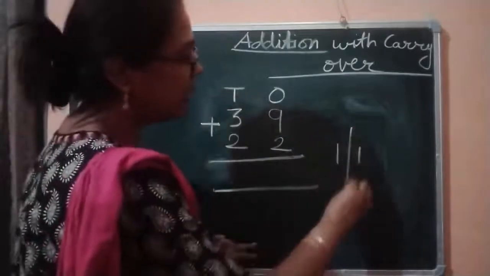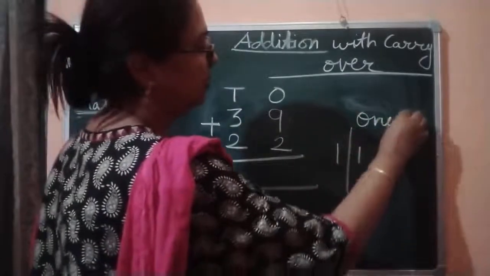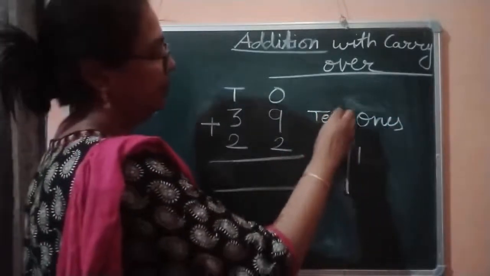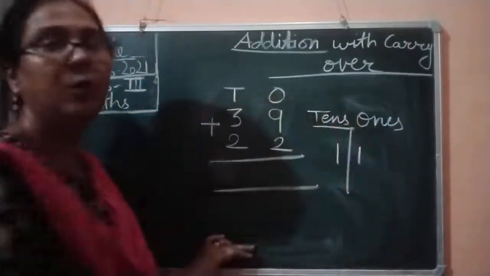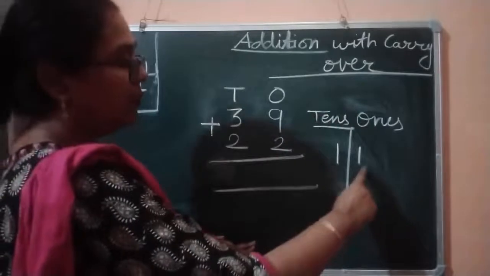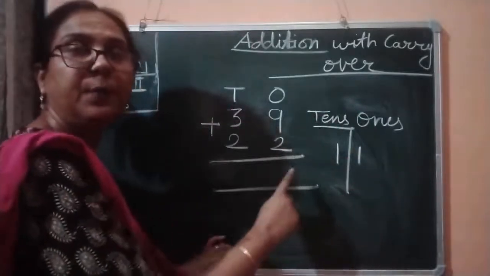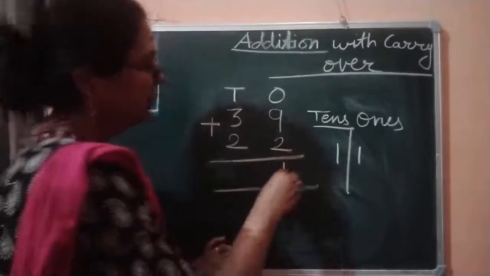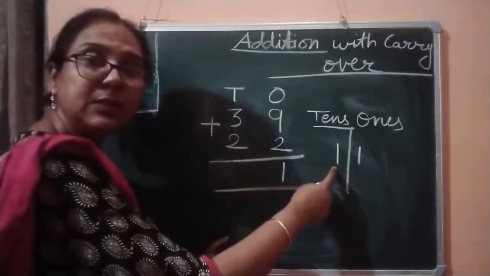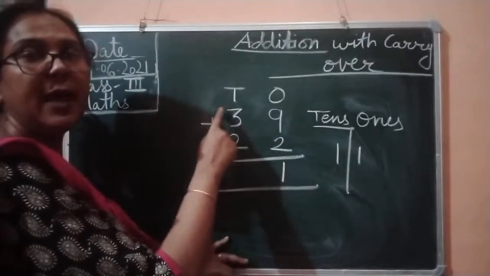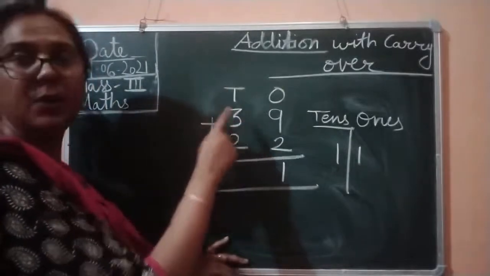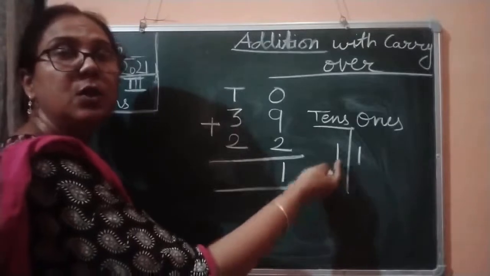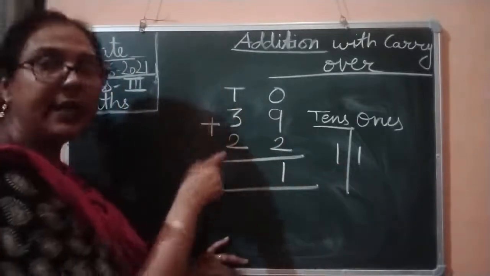Here you can see this is ones and this is tens. This 1 we will place in the ones column, and the other 1 we will carry over to the tens, because this is tens. That is why we are going to regroup with tens.